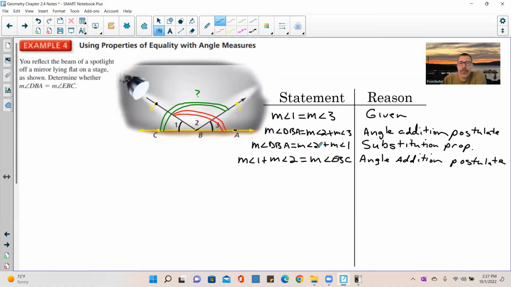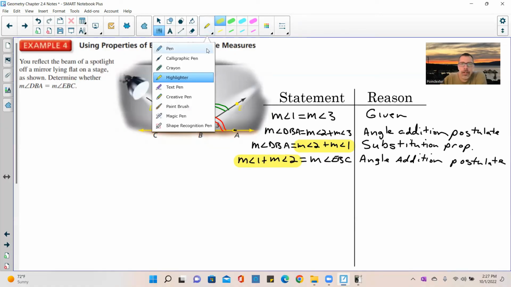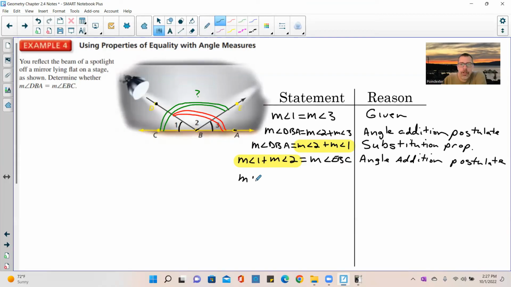And now look what we have. If the measure of DBA equals the measure of angle 2 plus the measure of angle 1, and the measure of angle 1 plus the measure of angle 2 equals the measure of angle EBC, here, I'm going to highlight. This means the same as this. So we have an A equals B, B equals a different thing, which is C, therefore A equals C. So I'm going to now write the measure of angle DBA equals the measure of angle EBC.